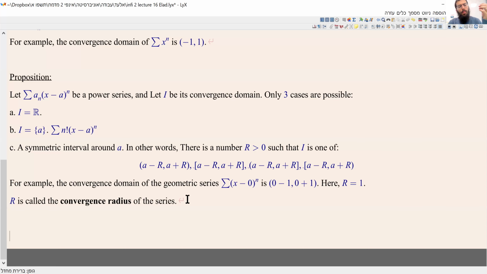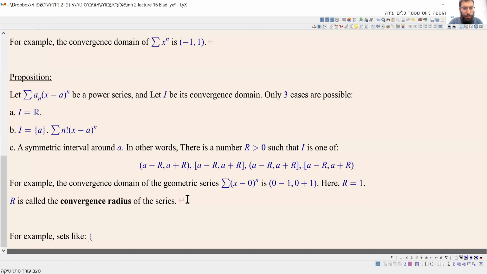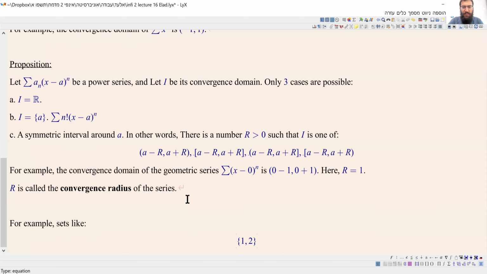For example, on the other hand, sets like, I don't know, two points and that's it, the interval from 0 to infinity, all of R but missing some one point, a number you don't like, 7. Okay.